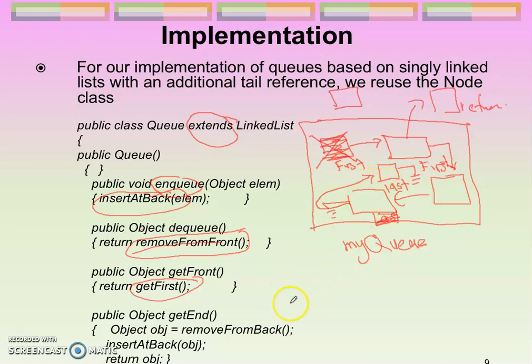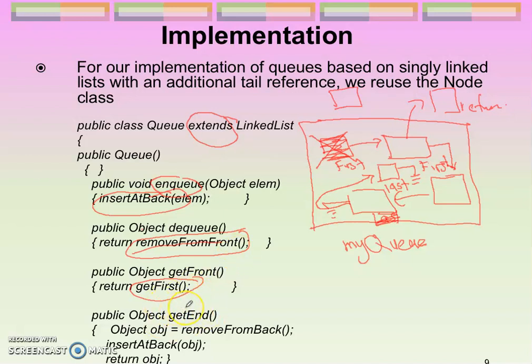Dekat linked list dia ada get first, get next. Get next akan return the next node after your current node, bukannya return the last node in the list, right? So here you cannot simply use get next for this get end.